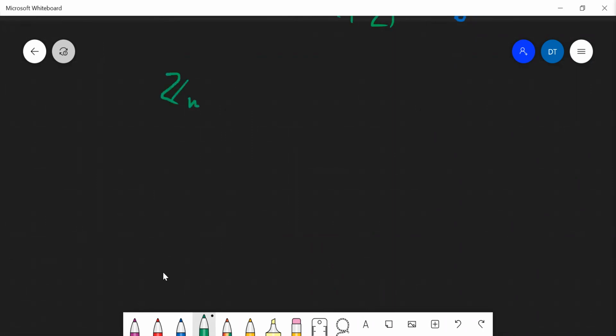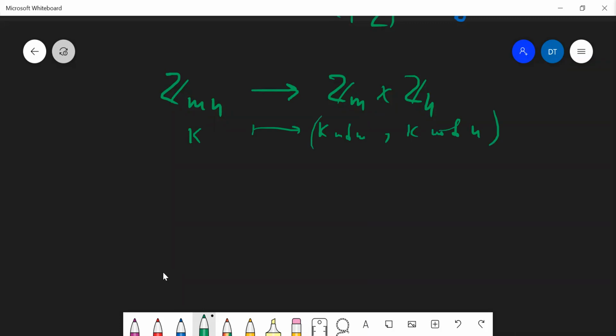We have these cyclic groups, and we may form a product of these two cyclic groups. In general, you will always have a map from the left-hand side to the right-hand side, which takes an element k to k modulo m, comma k modulo n. And this map is always a homomorphism.